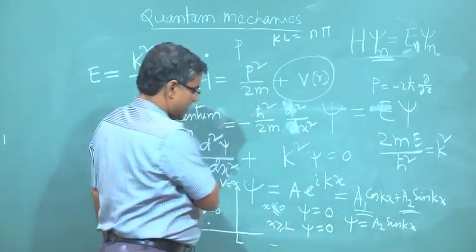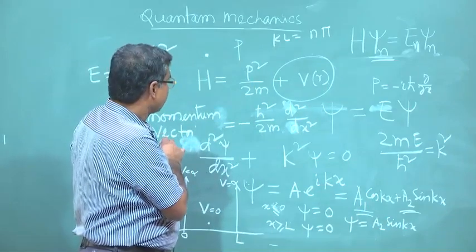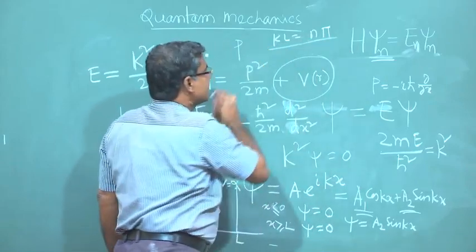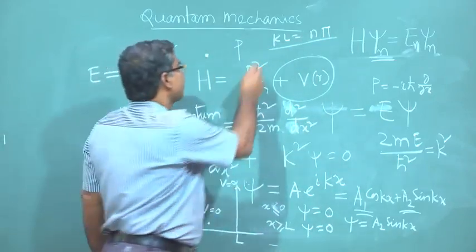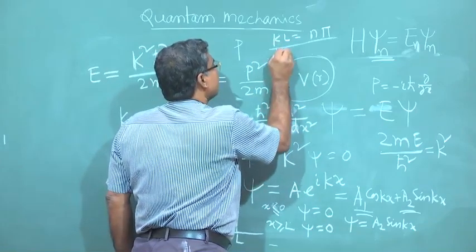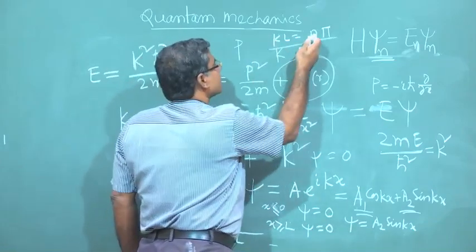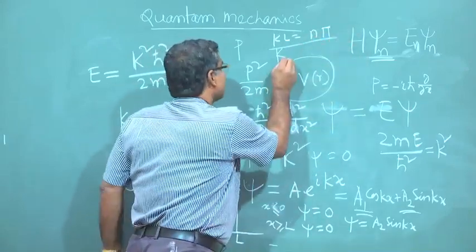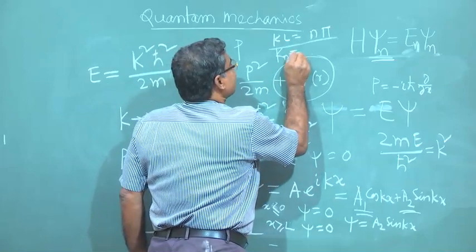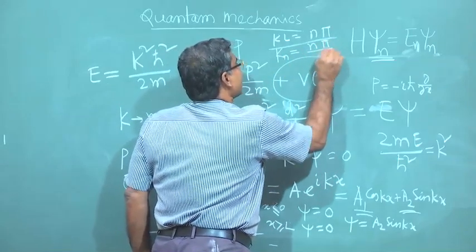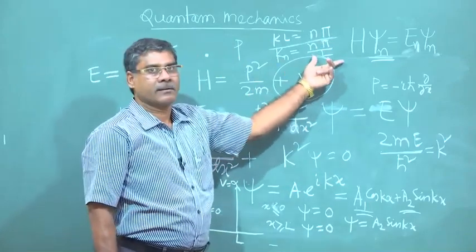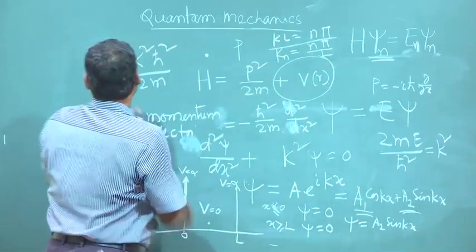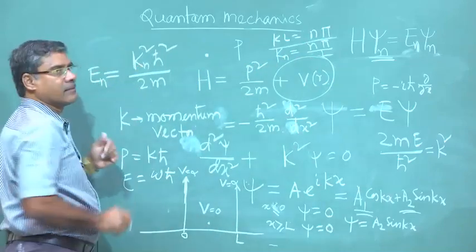So it has to follow this relation. It is giving a restriction on the k value. k is the momentum vector, so it is now a discrete value, n equal to 1, 2, 3. So we write kn equals n pi by L, n equal to 1, 2, 3, so k1, k2, k3, and correspondingly kn.